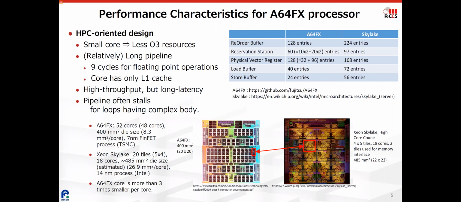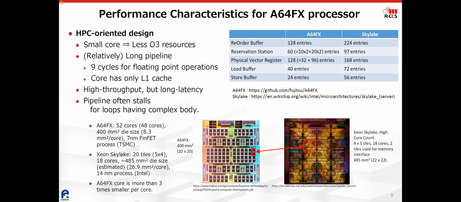This is the comparison of the A64FX and Skylake out-of-order resources. The design also has a relatively long pipeline, 9 cycles for floating-point operations, and the core has only an L1 cache.